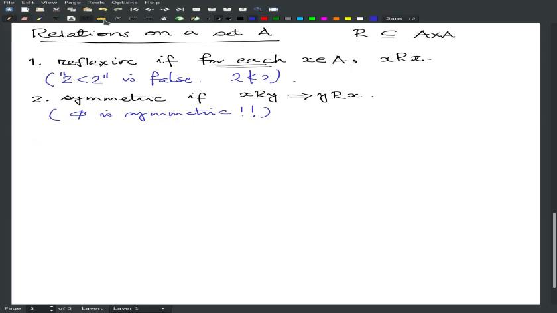In a definition you have to be careful to distinguish between statements which are assertive, like this, and this is an implication statement, as I already said.